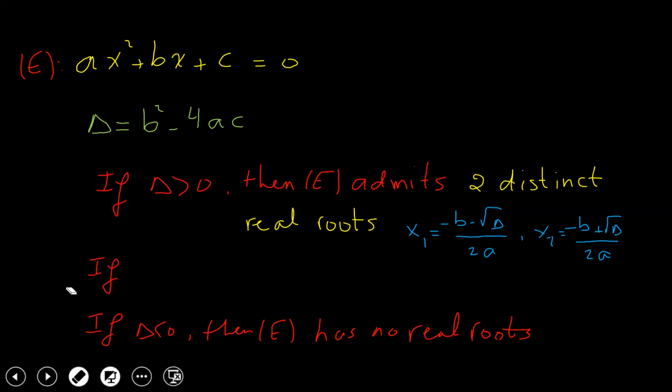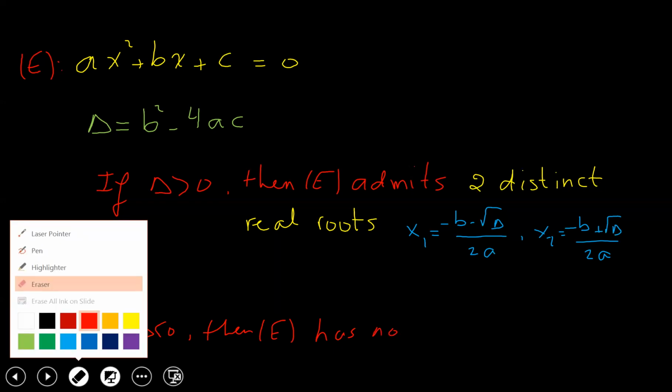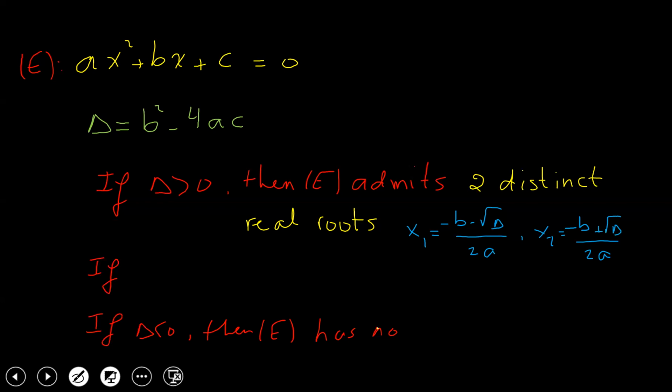So in the other case, as we said, if delta is negative, then E has no real roots.